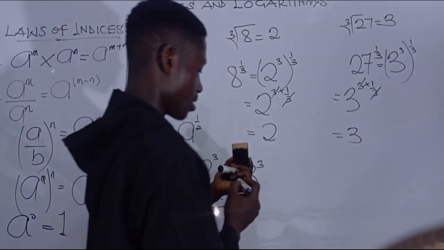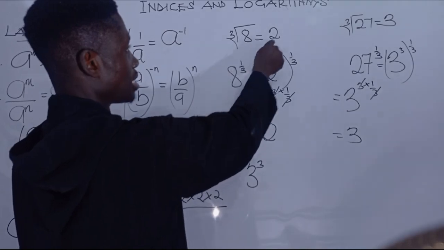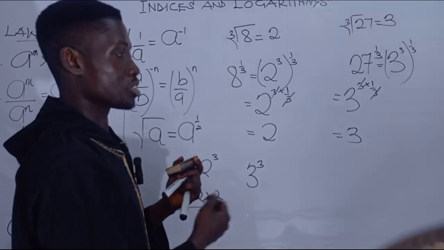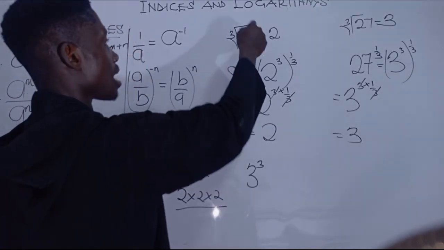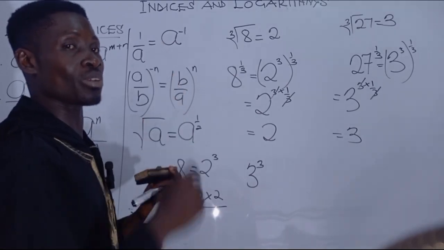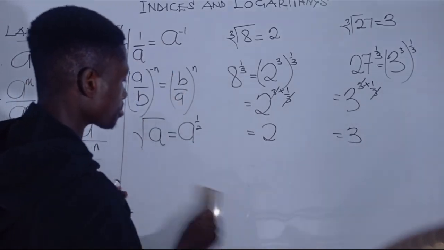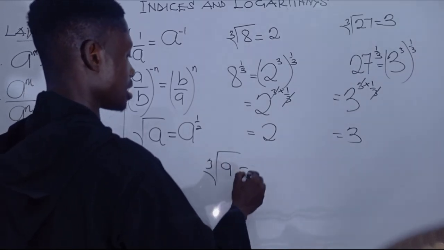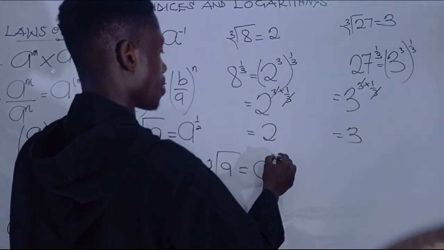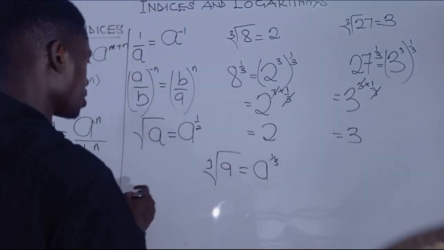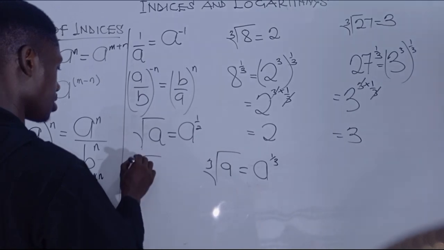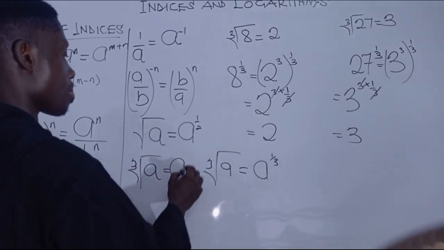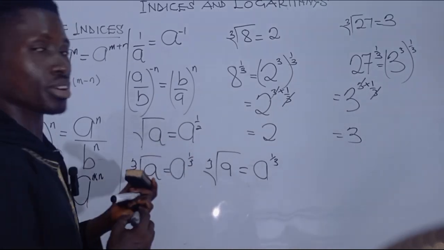So you can see that cube root of 8 is giving us 2, and 8 to the power 1 over 3 is giving us 2. So do you agree with me that the cube root sign is the same as a power of 1 over 3? So therefore, cube root of any number, let's say a, is equal to a raised to the power 1 over 3.